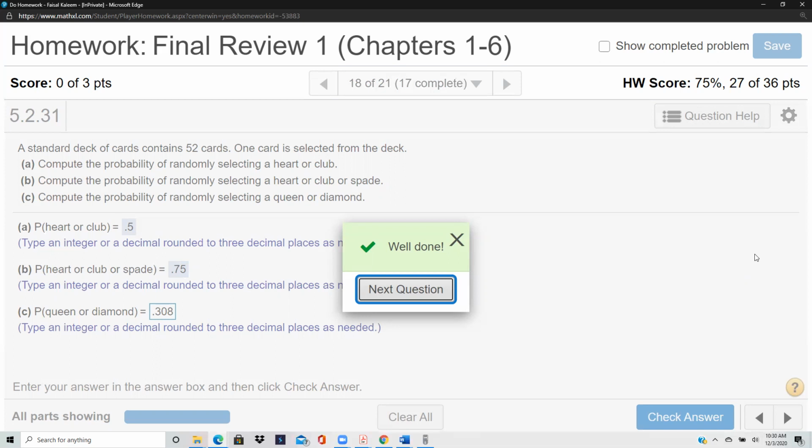So we would do, would it be 4 plus 13 minus 1? Right, since a 3 would be a club. Okay. And that would also be 308. All right.